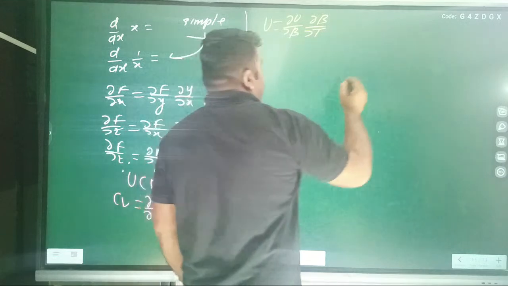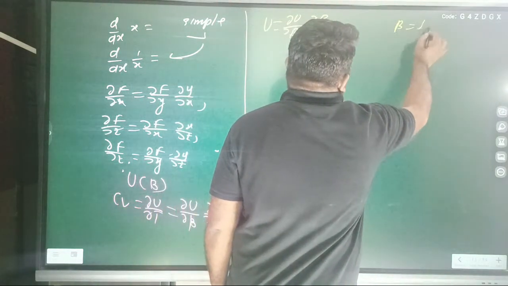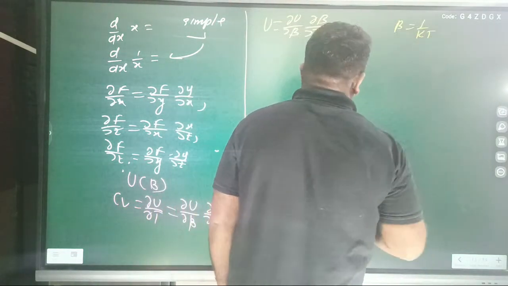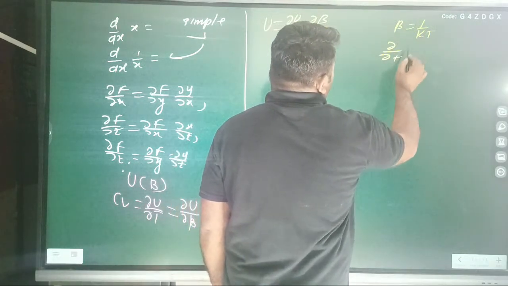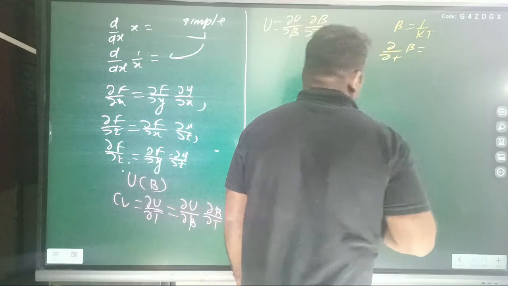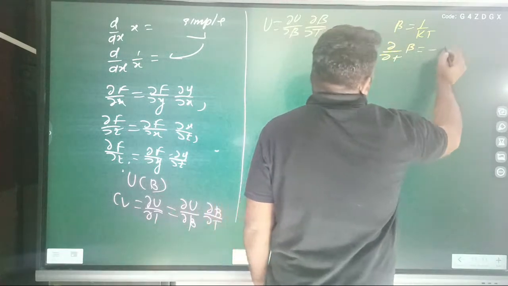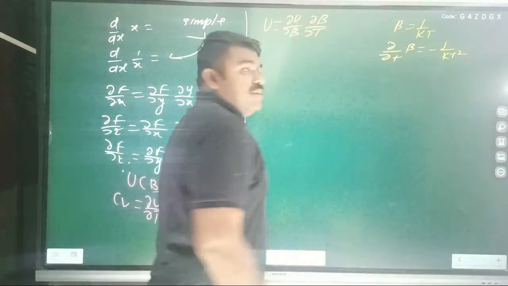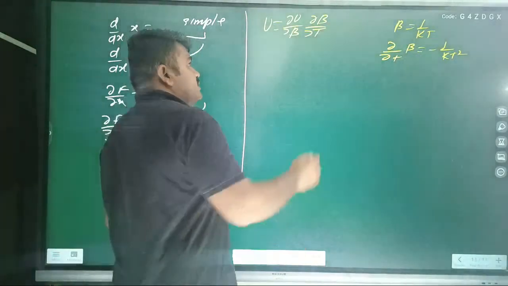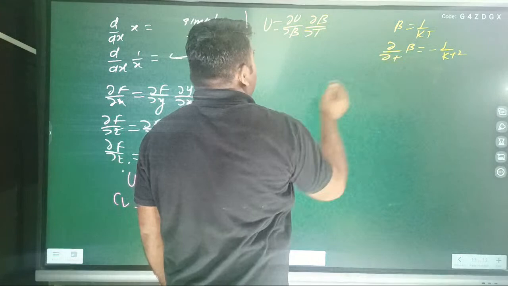Okay, but we know that β is equal to 1/kT. Take the derivative with respect to T. Means ∂β/∂T is equal to how much? With respect to the derivative, minus 1/kT². Now just substitute the ∂β/∂T value, it is minus 1/kT².